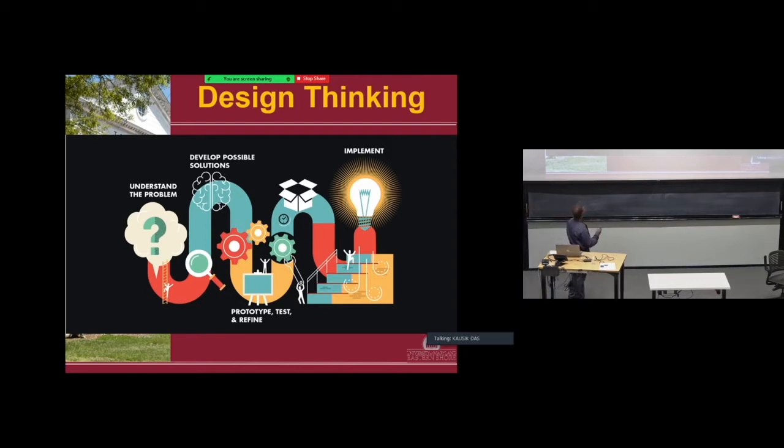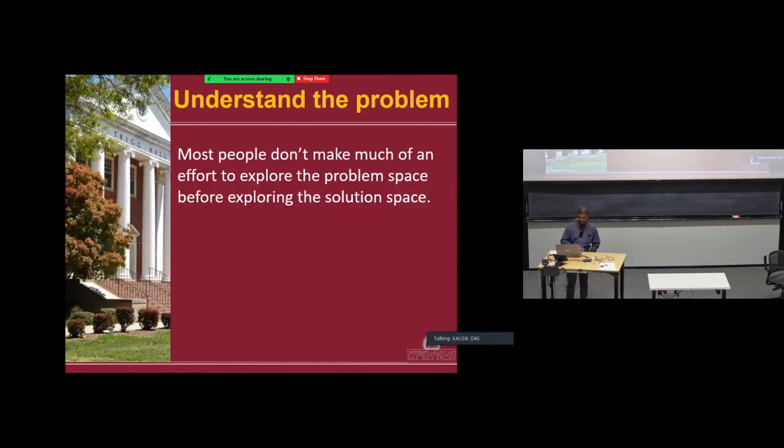type, test, and refine, and implement the final solution that you get. But in each of the processes, you involve the stakeholders. So by definition, you take the input from the stakeholders in design thinking.